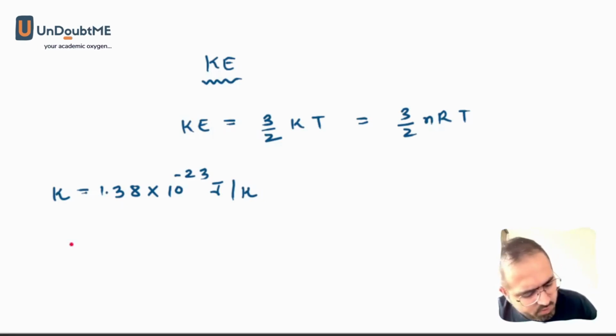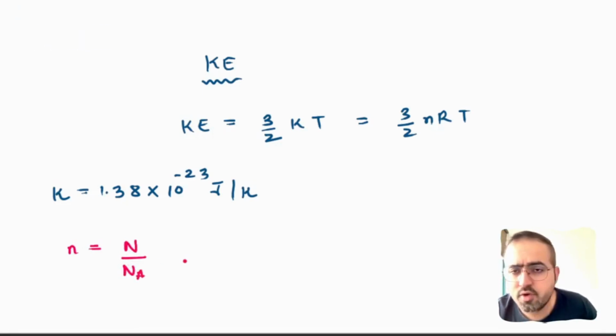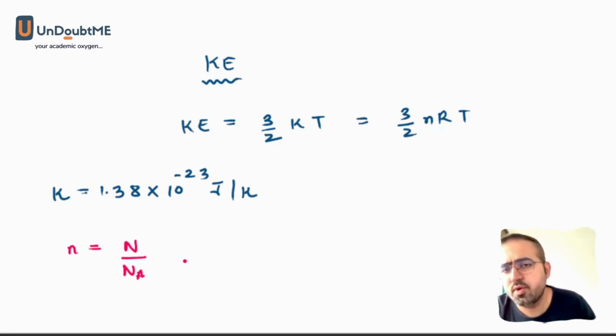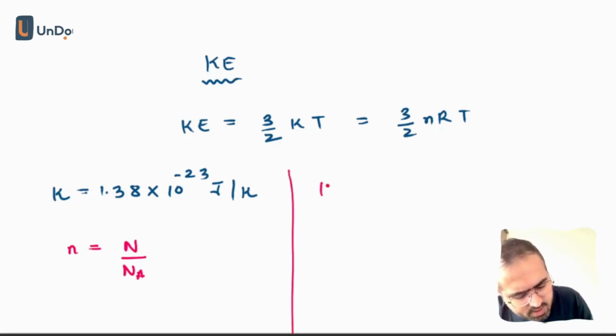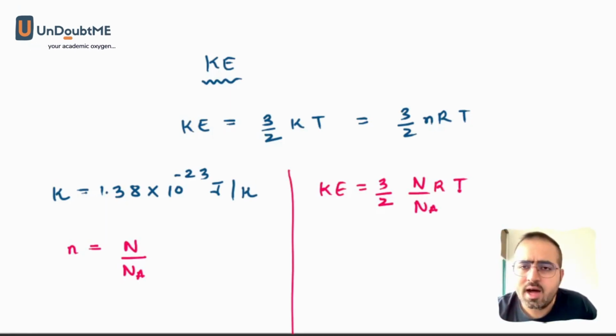We know that the number of moles is always given by the number of particles divided by Avogadro number. The value of Avogadro number is 6.022 times 10 to the power 23 particles. If I put this value into 3/2 nRT, I will get kinetic energy as 3/2 times capital N over Na, times R, times T. Now R is also a constant, called the gas constant.